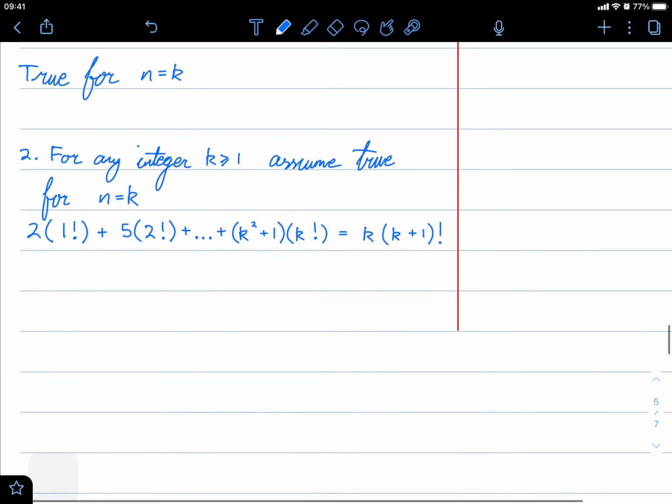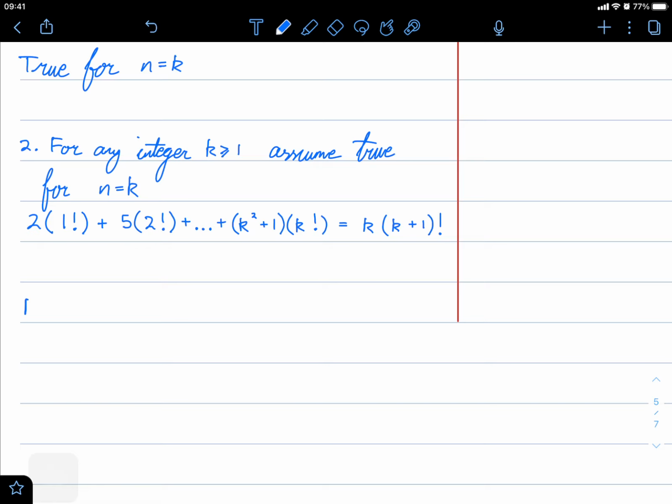And from here, we need to prove it true for n is equal to k plus 1.